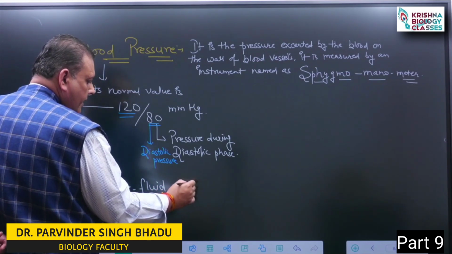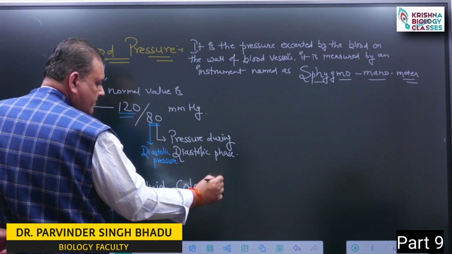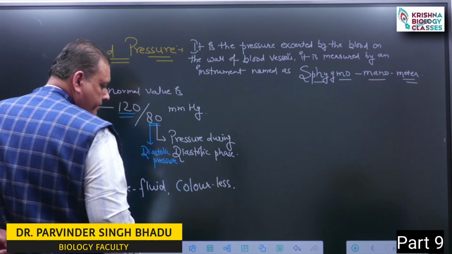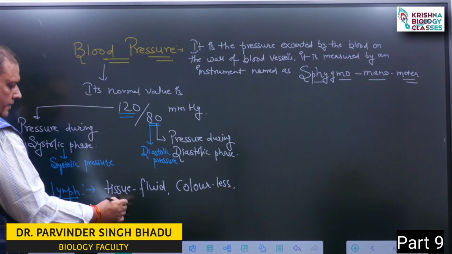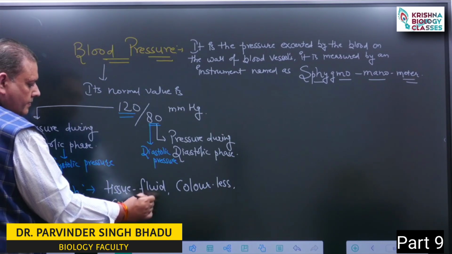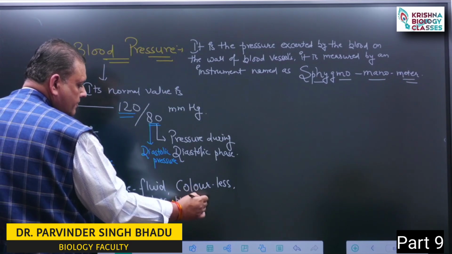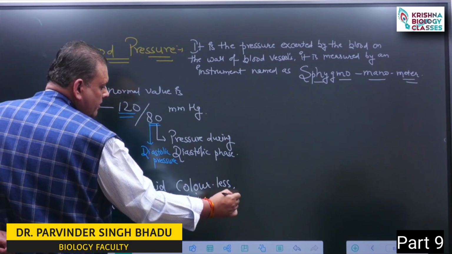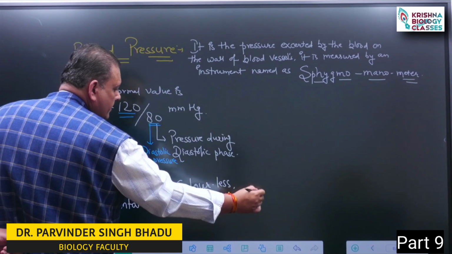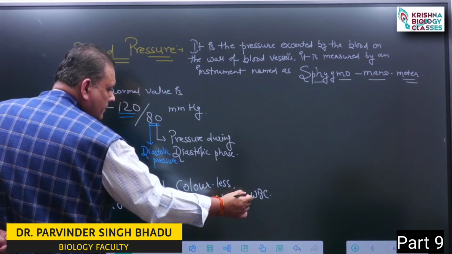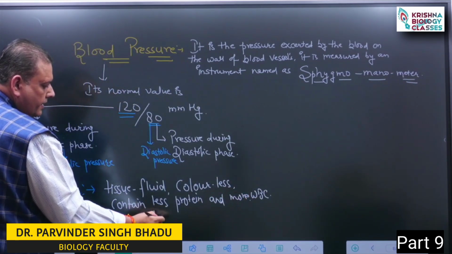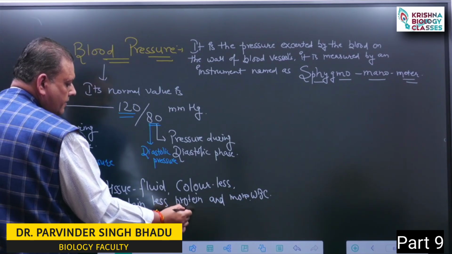It is colorless in comparison to blood, contains less protein and more WBC inside it.